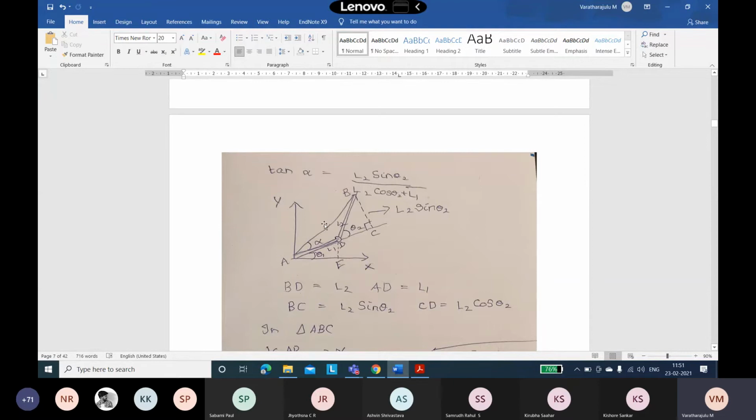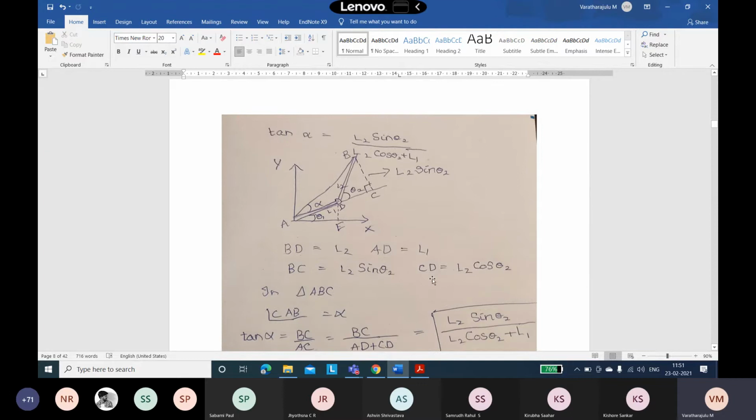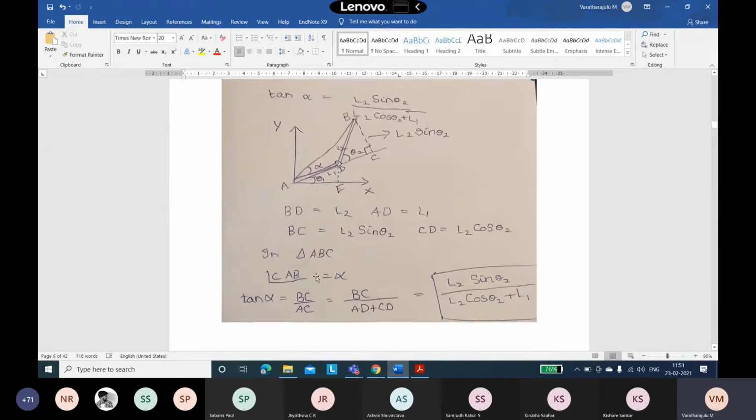From this triangle BDC, sin theta 2 is equal to opposite by hypotenuse. Opposite is BC and hypotenuse is L2. Therefore, we get BC is equal to L2 sin theta 2. Similarly, CD is equal to L2 cos theta 2.